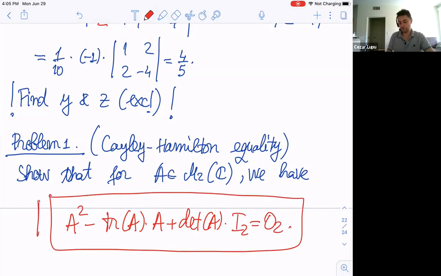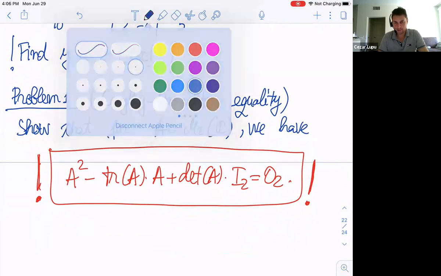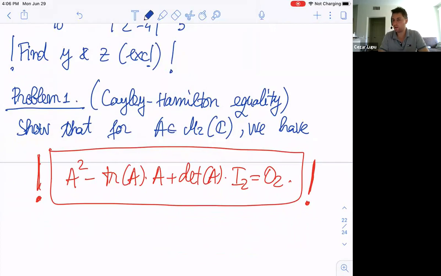And in the first review session, I think I proved one of the problems that was given on some of my previous exams by just using the Cayley-Hamilton relation, right? It followed immediately, basically. Now let's prove it. I would like to mention one thing, and I'm just going to keep saying it.